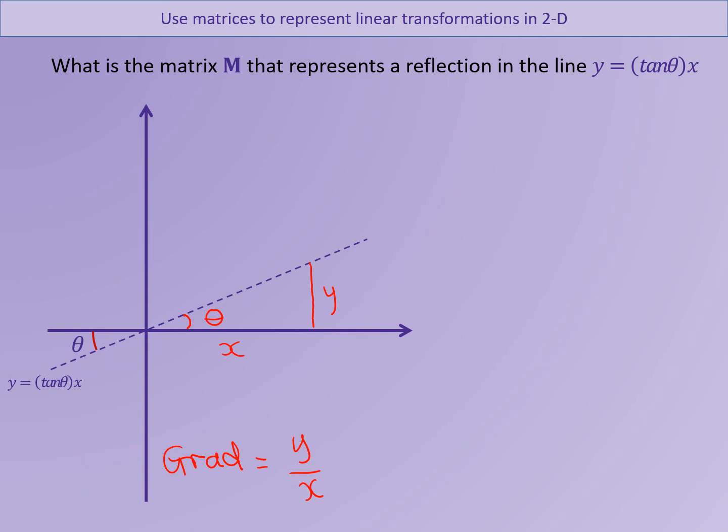Now if we use trigonometry, the length of y here would be represented by the opposite, and x would be represented by the adjacent, and so the opposite divided by the adjacent would give us tan theta. And we know that the opposite is y and the adjacent is x. So the gradient of this line has the same value as tan theta. Let me clear the diagram.